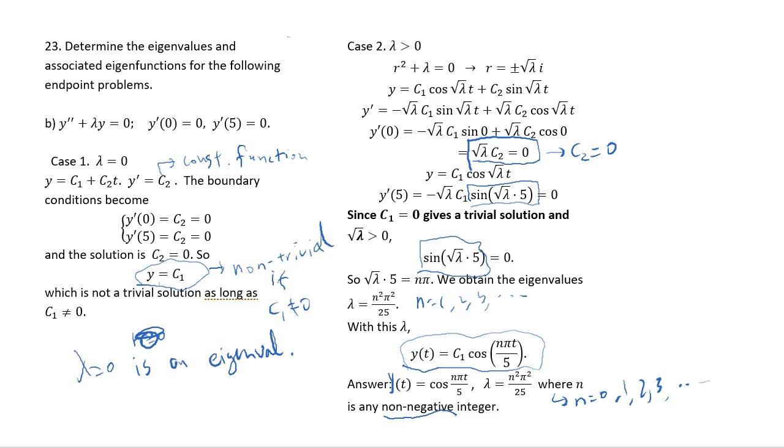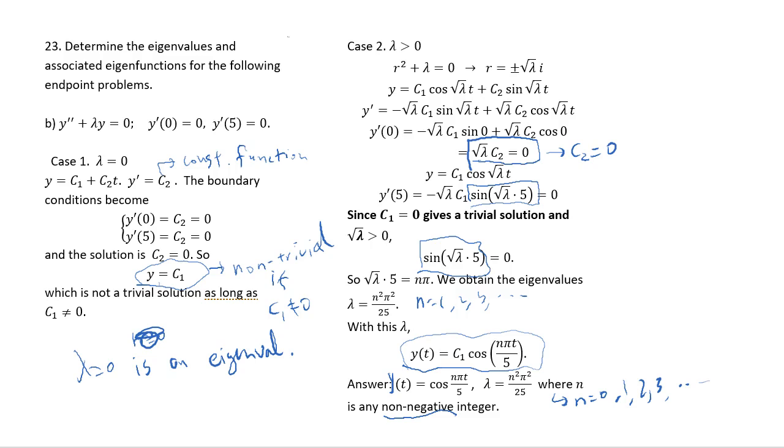Now that brings up the question, when lambda is 0, isn't the eigenfunction different from the other case? But if you plug in n equal to 0 here, you'll notice that cosine of 0 is 1. And indeed, when C1 is 1, you do get y equal to 1 as an eigenfunction. I mean, y equals 2, y equals 3, they're all eigenfunctions.